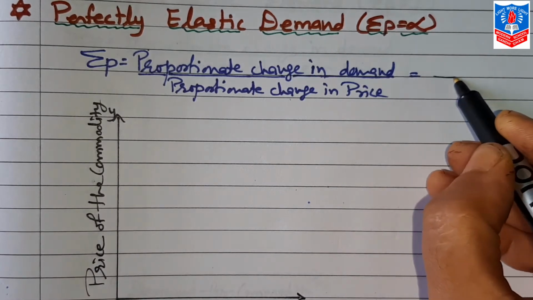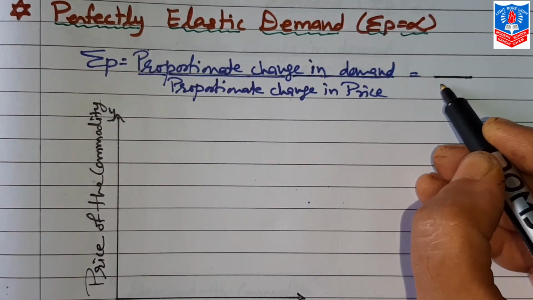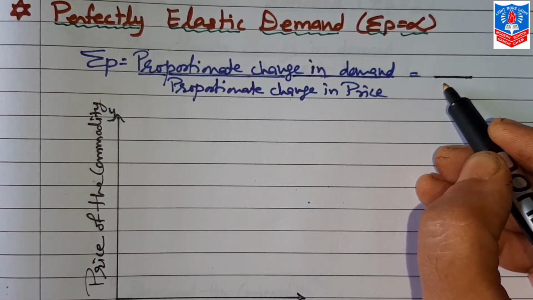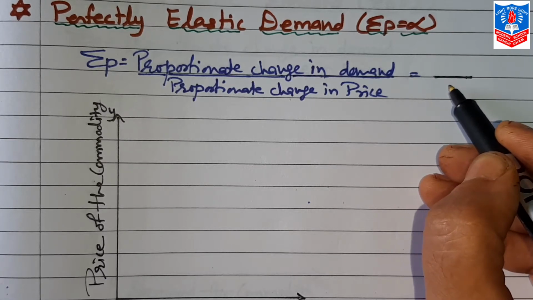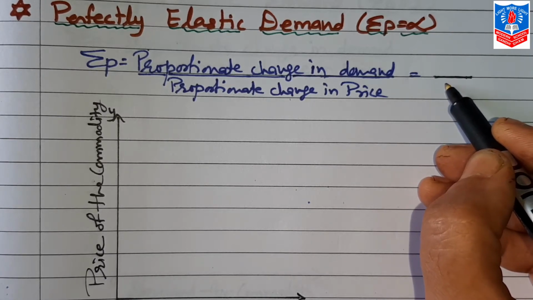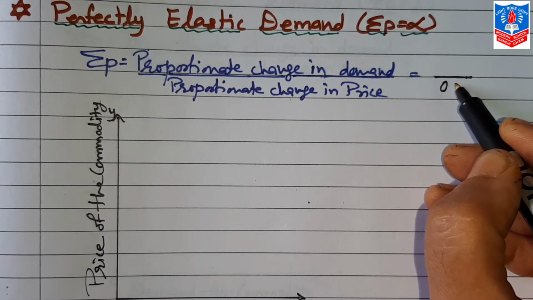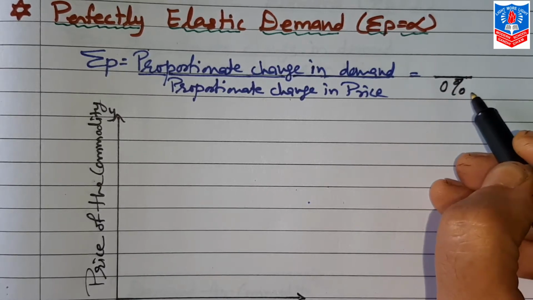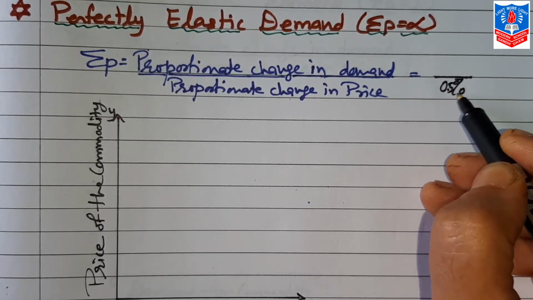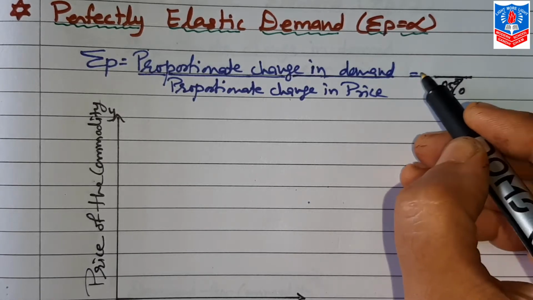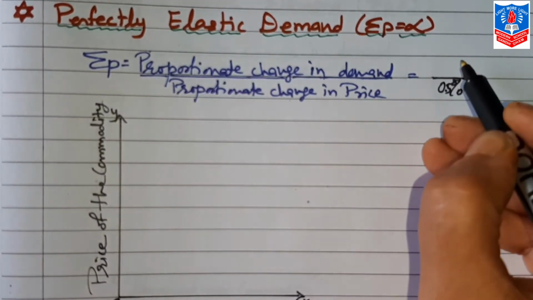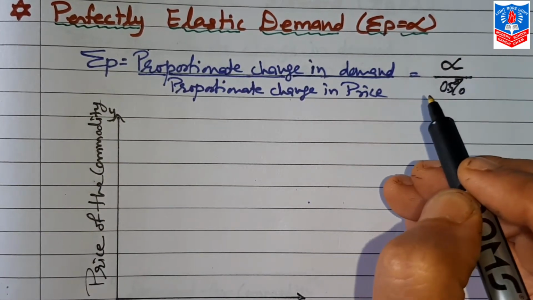Here you can say there is an increase or decrease in the price, say simply 0% or 0.5%, but because of which the increase in demand is infinite.